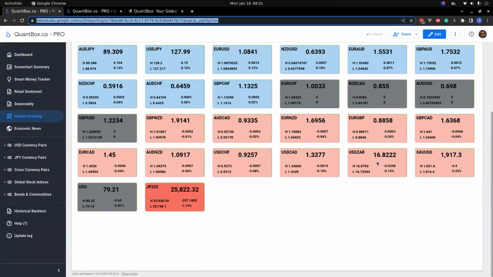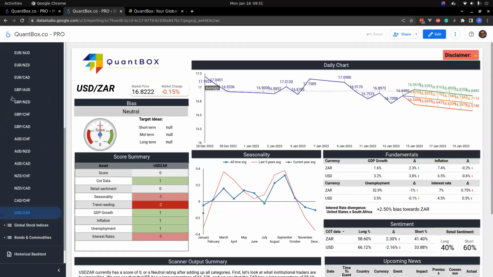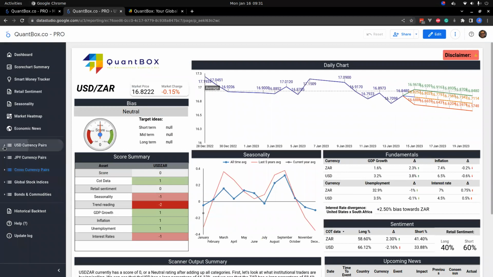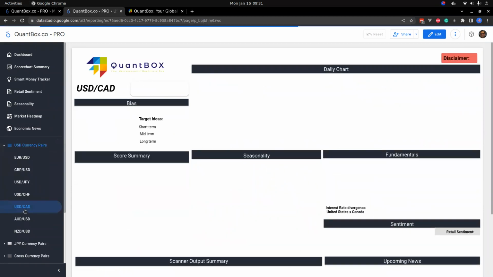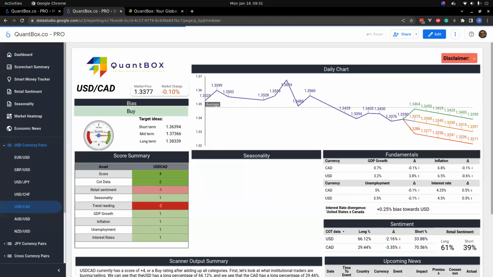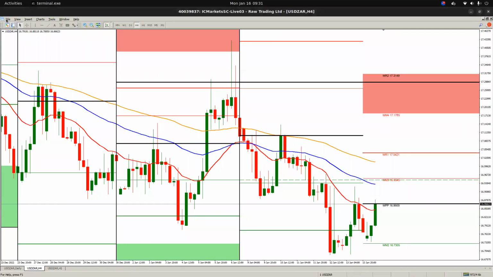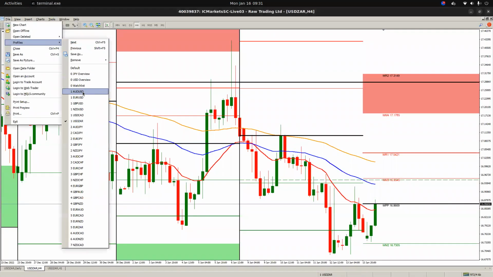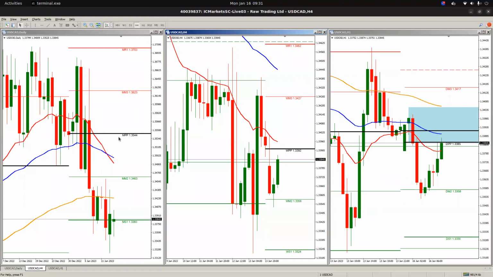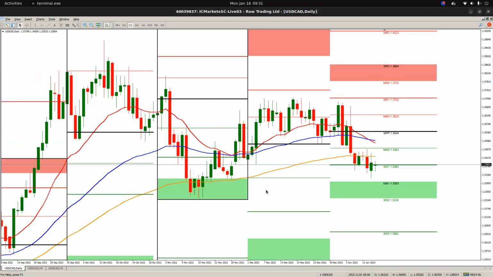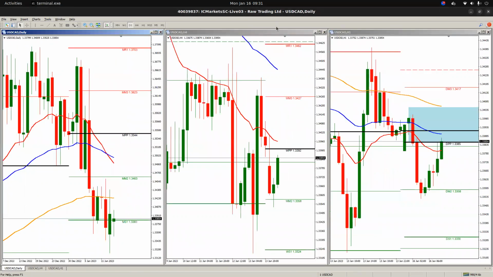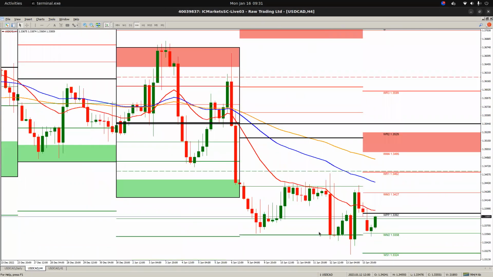So let's see, USD CAD coming through over here. A buy, cool. So USD CAD, let's take a look at USD CAD. A buy, well, we've got our daily time frame, price all the way down here, almost at a profit-taking zone, monthly target. We've got price coming off a weekly M2, price currently consolidating.